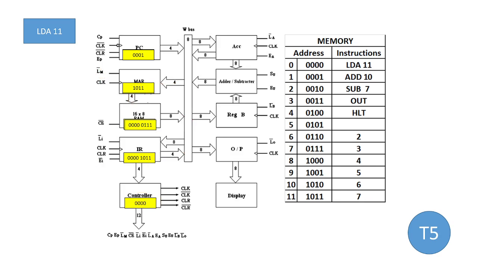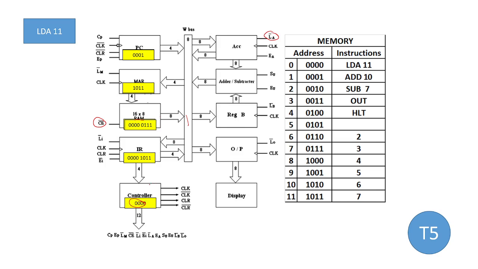Now on our T5, the content of our MAR that is pointed out here on our RAM will be accepted in the accumulator. It will go to the W bus. The active pins here are the CE and the LA because what the program needs is load.